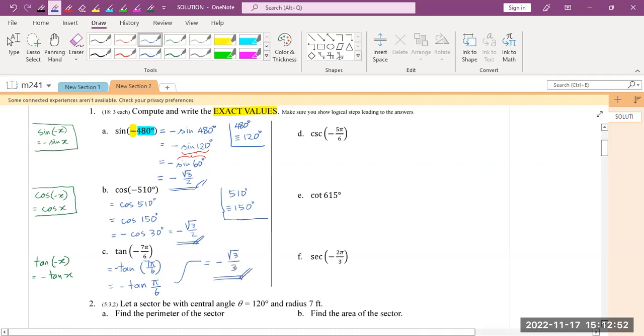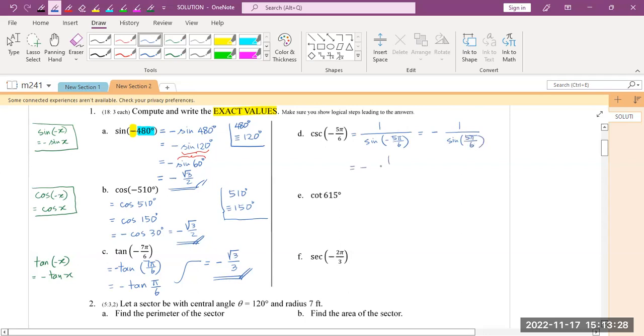Next, how about cosecant of negative 5 pi over 6? I don't remember the value for cosecant. What I can do is deal with the reciprocal first. So this is 1 over sine of negative 5 pi over 6. Sine negative is negative sine. So negative 1 over sine 5 pi over 6.